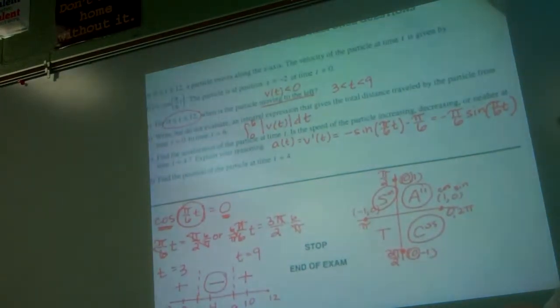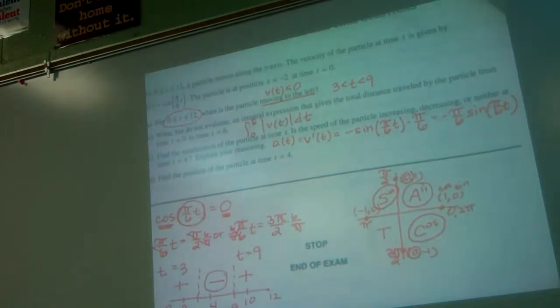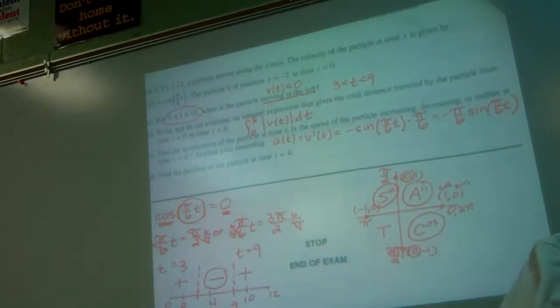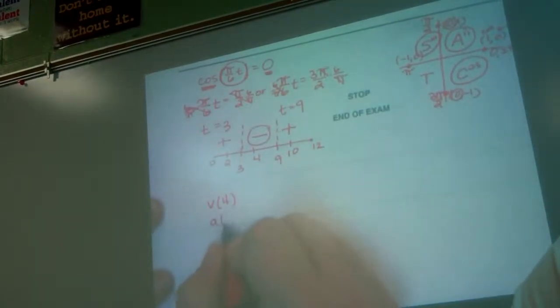So then it says, is the speed increasing, decreasing, or neither at 4? To figure that out, we've got to find the acceleration at 4 and the velocity at 4 and see if they have the same signs or different signs.